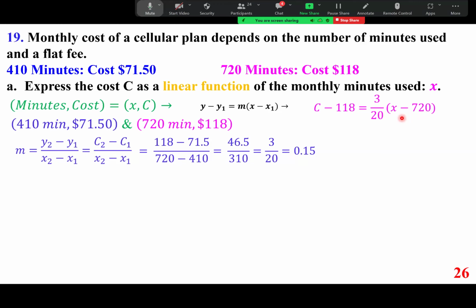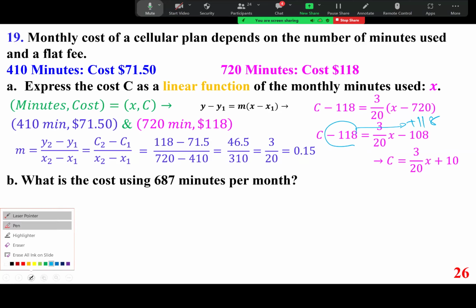You multiply these two, you get 108. You are going to move this and you get 3/20th of x plus 10 or 0.15x.